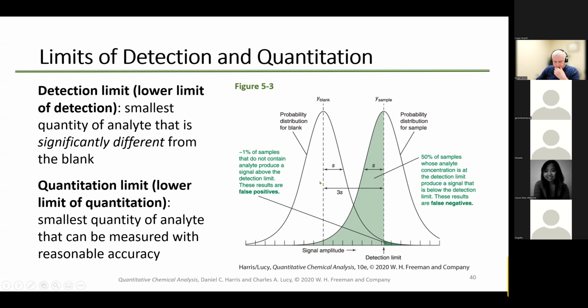So to be conservative, we tend not to report concentrations, the signals for which are less than 3 standard deviations above the blank. Does that make sense?